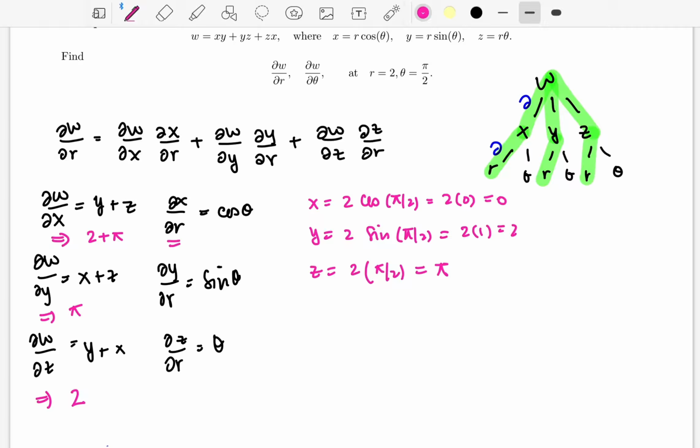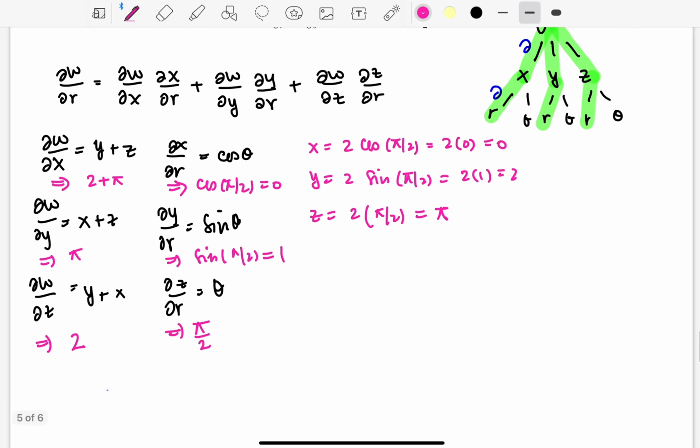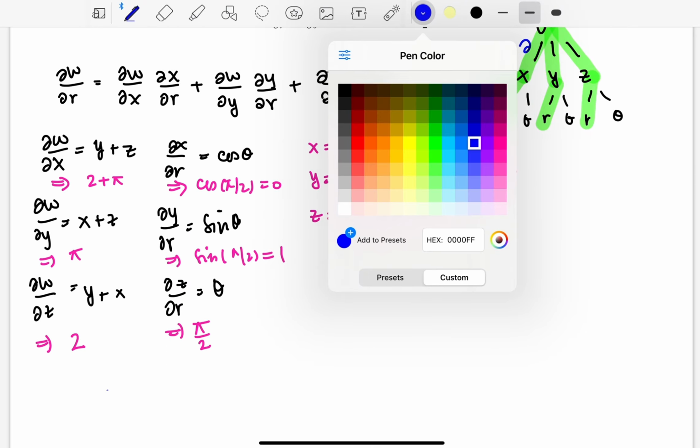And then if I do the same thing, dx/dr is cosine of pi over 2, which is equal to 0. And then dy/dr is equal to sine of pi over 2, which is equal to 1. And finally dz/dr is equal to theta, which is equal to pi over 2. So I'm ready to find this derivative.